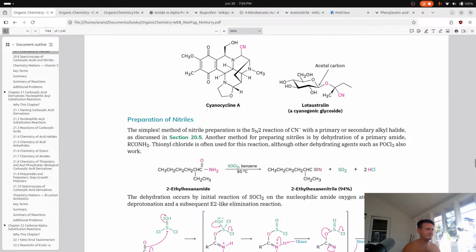The simplest method of nitrile preparation is the SN2 reaction of cyanide with a primary or secondary alkyl halide. Another method for preparing nitriles is by dehydration of a primary amide.